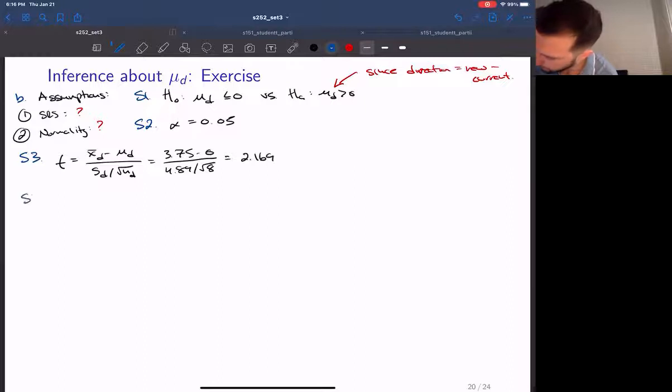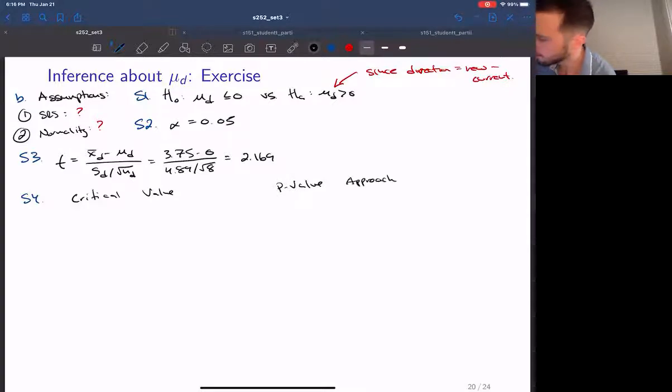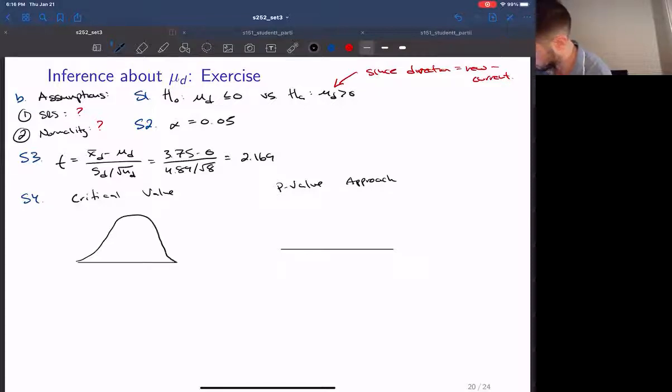All right, now on step 4, we can take either the critical value approach or the p-value approach. So this is going to work just like it has in all of the other illustrations that we have looked at so far. So we start by sketching out our t-curve.